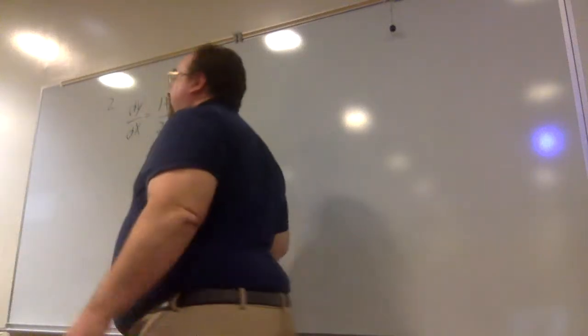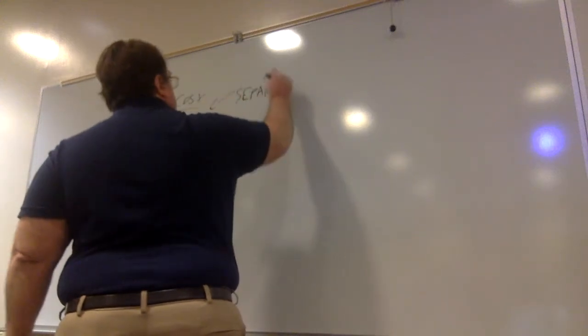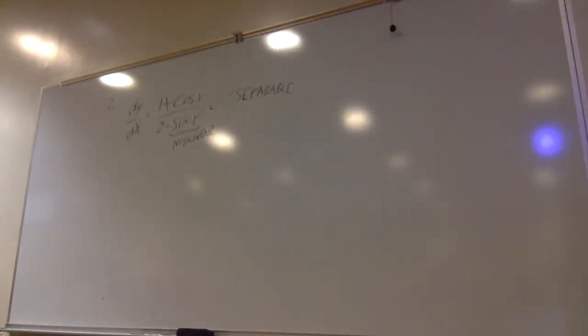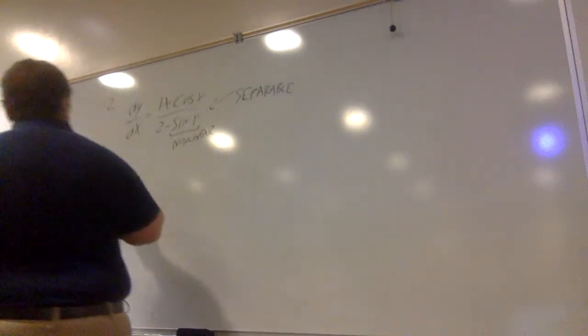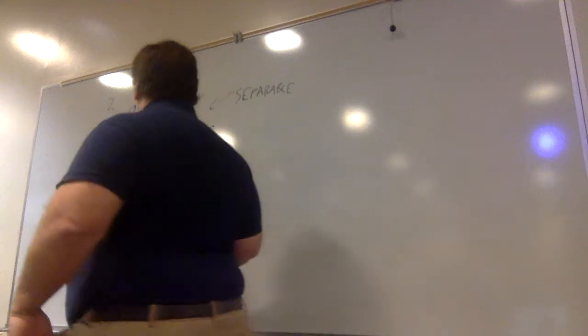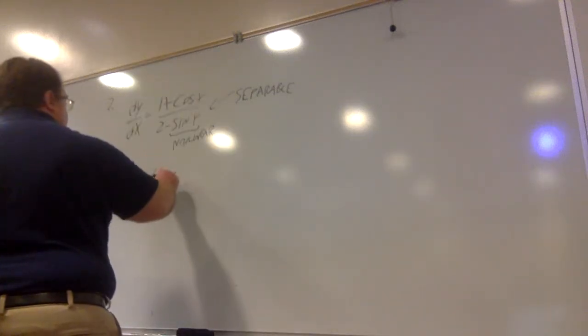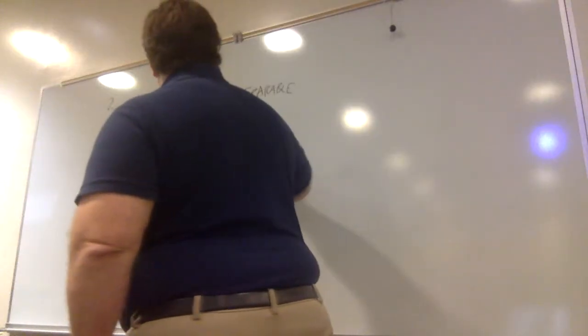So because we have only x in the numerator, only y in the denominator, this is a separable equation. So what you want to do with a separable equation is get everything involving y on the left side, everything involving x on the right side. And only with a separable equation is it even possible to do that. And when you go through the algebra, if you find you can't do that, you made the wrong assumption. It's not separable.